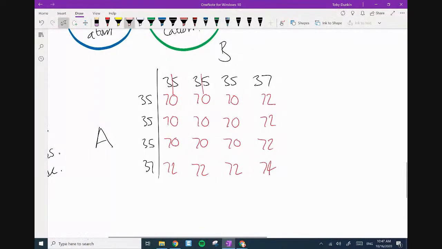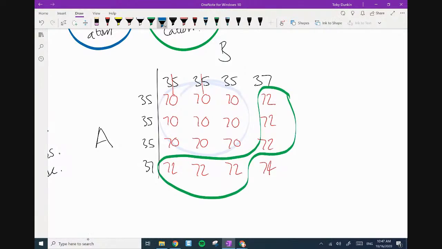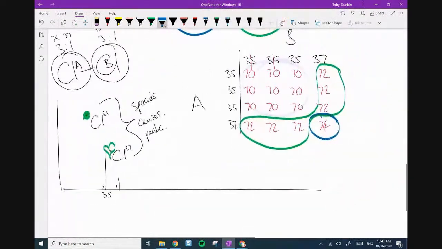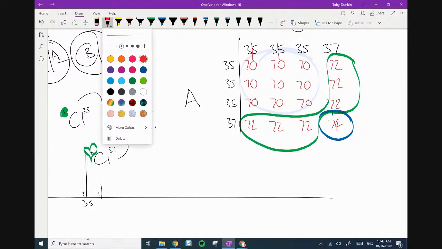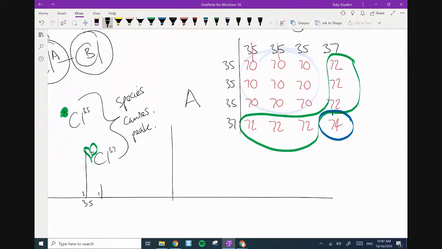My ratio of these is 9 to 6 to 1. So I'm going to see my molecular ion peaks in a ratio, I'll switch to black, of 9 at 70, 6 at 72, and 1 at 74.